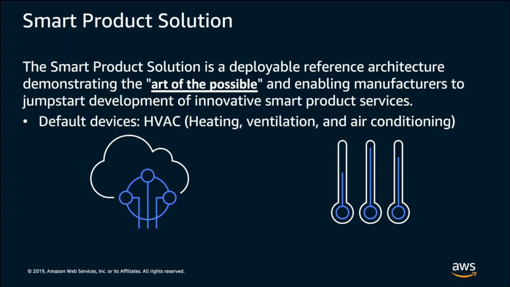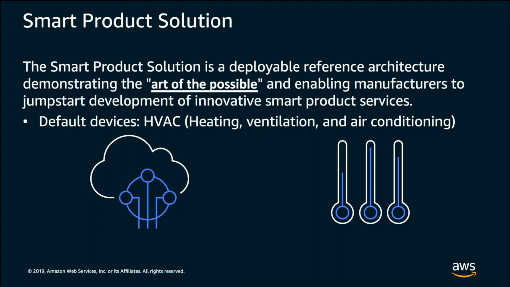Using the Smart Product Solution, manufacturers can rapidly deploy and build upon an open source architecture to enable smart product applications by converting valuable information from the real world into digital data that provides increased visibility to businesses of how users interact with their products or services.